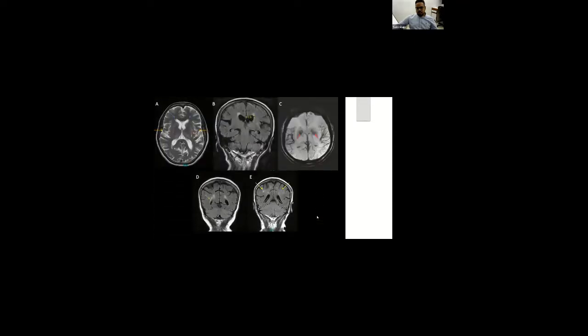I would want to mention that there are a few conditions which mimic NPH, and one that we encounter quite commonly is the normal aging brain. So we need to be able to differentiate between the normal aging brain and NPH.